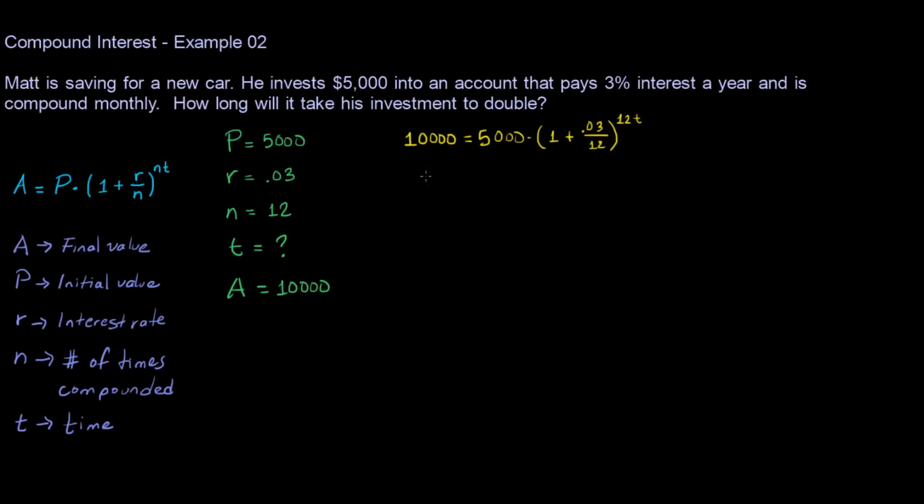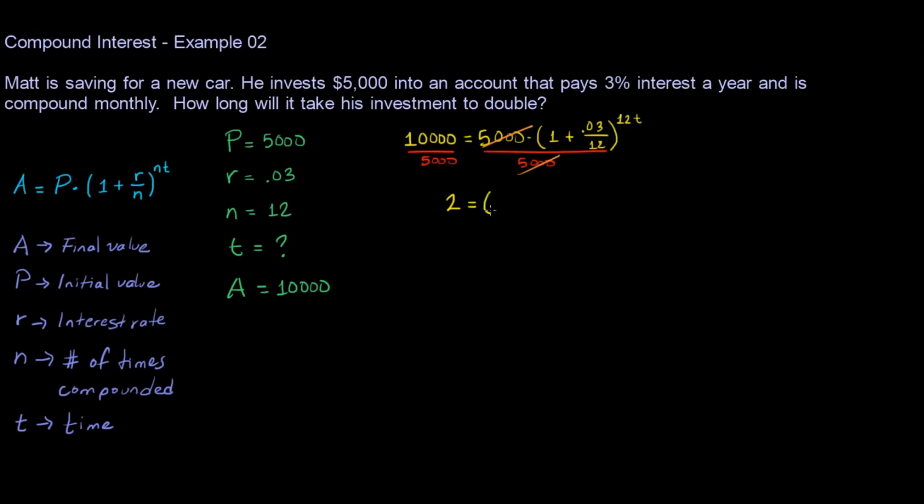First, I'm going to simplify. I'm going to divide both sides of the equation by 5,000. And as you can see, we can simplify here on the right. This 10,000 over 5,000 will be equal to 2.